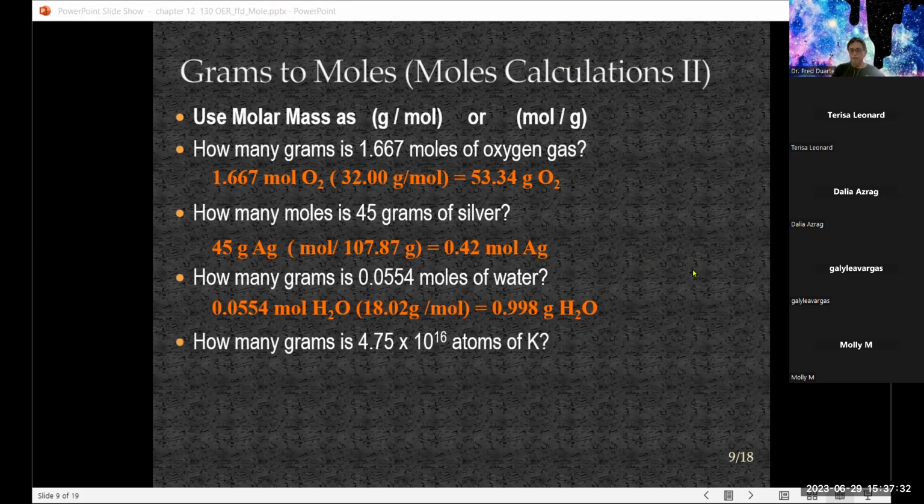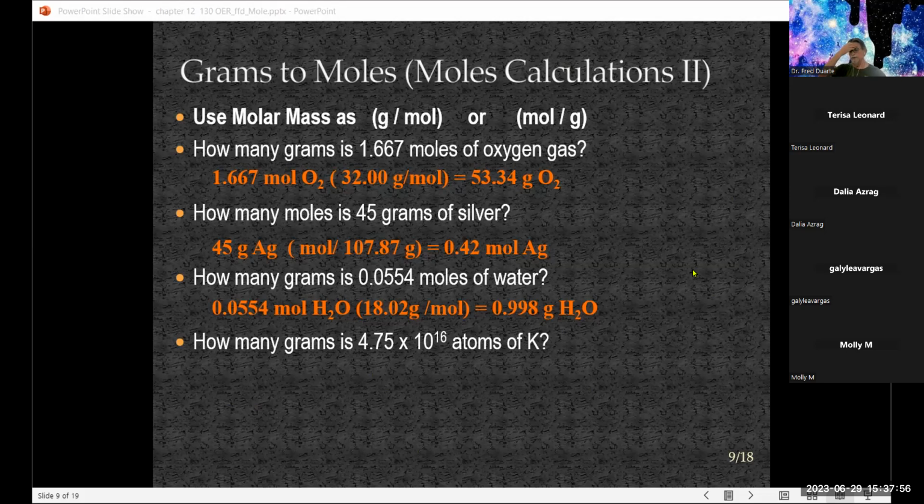Here's an interesting one. It says, how many grams is 7.75 times 10 to the 16 atoms of potassium? We're given the number of atoms of potassium, and I can't go directly from atoms of potassium to grams of potassium.